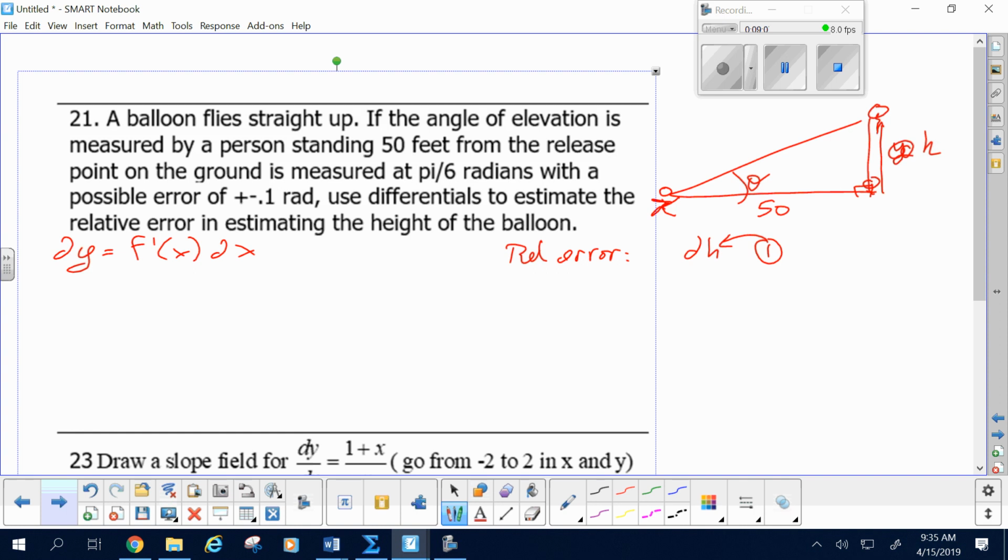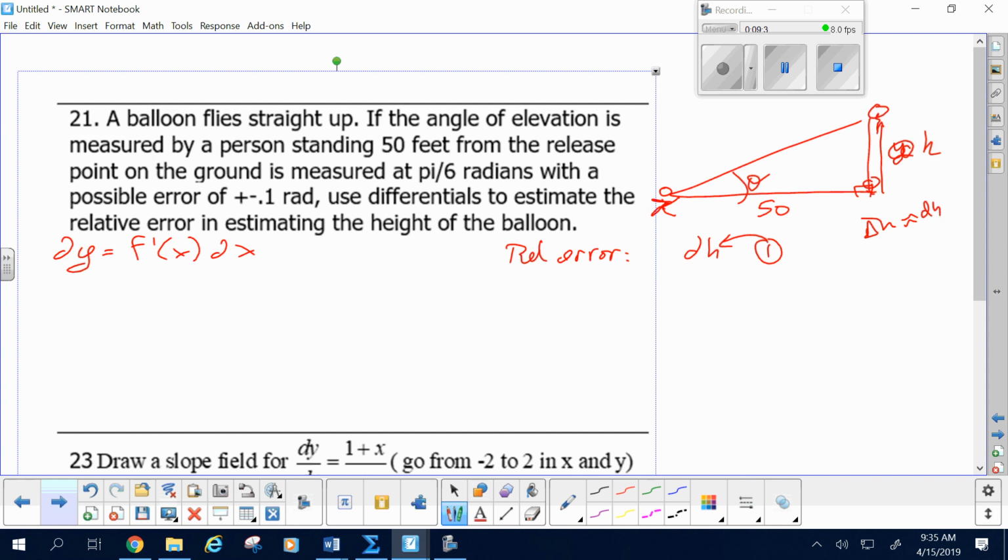If your angle is off, then your height calculation would be off as a consequence. That error, or how much your height could be off by or differ by, that's the differential. That's dH. We're trying to estimate delta H, or what the height could be off by with dH.